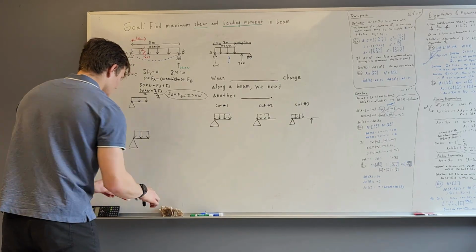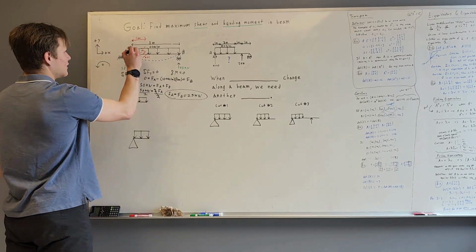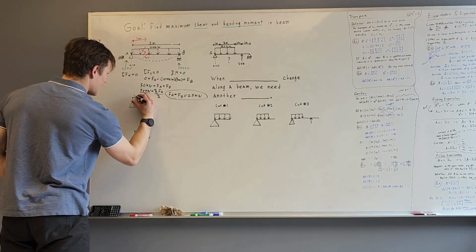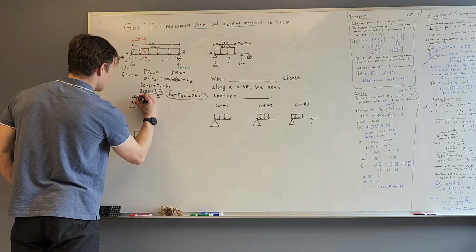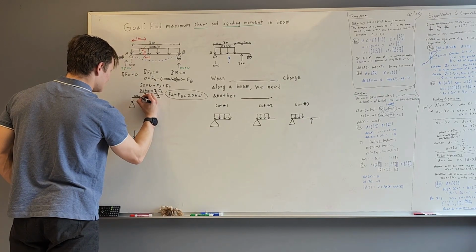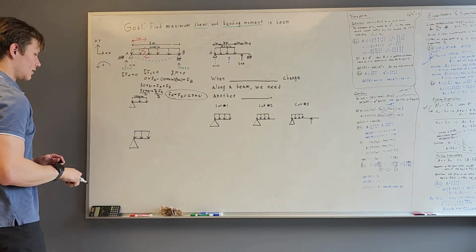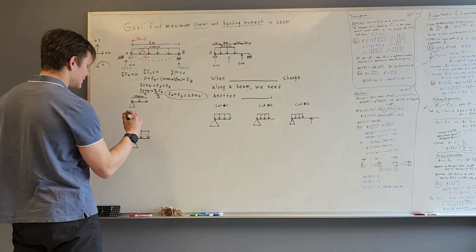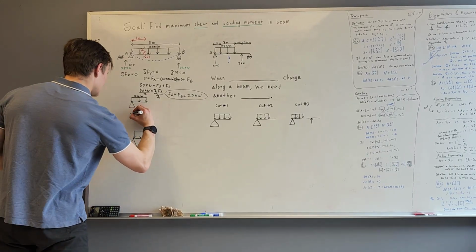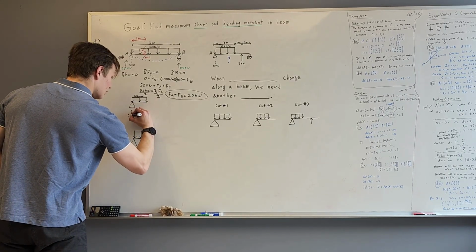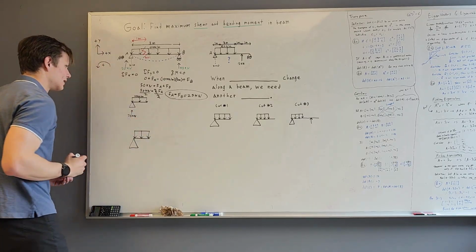So, in this portion of the beam right here, we still have our uniformly distributed load, 10 kilonewtons per meter, and we still have our vertical support reaction of 25 kilonewtons.